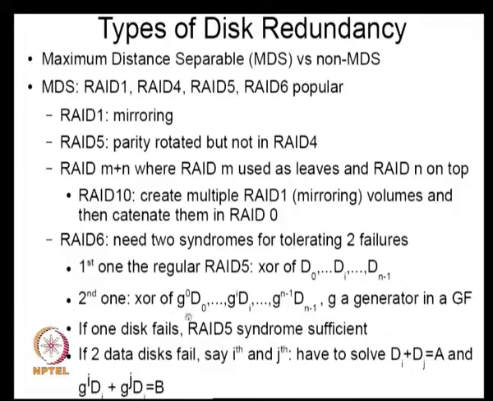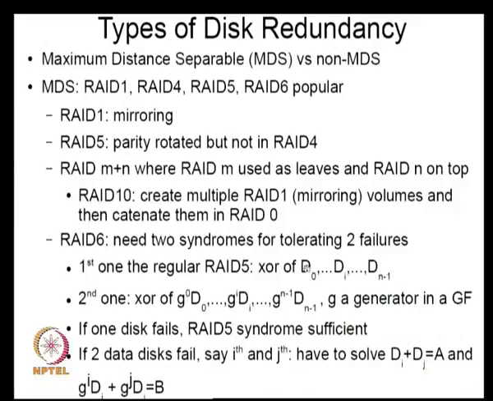In the second one, you use some additional mathematics. We just say that there is a generator in a field, and g to the power of 0 is a generator, multiplied with the first block d0, and you XOR all these together.